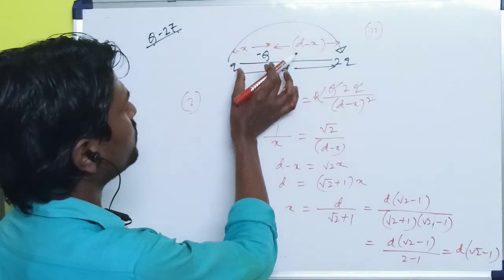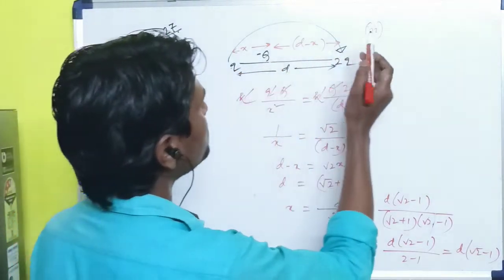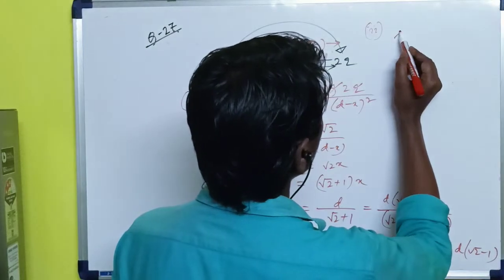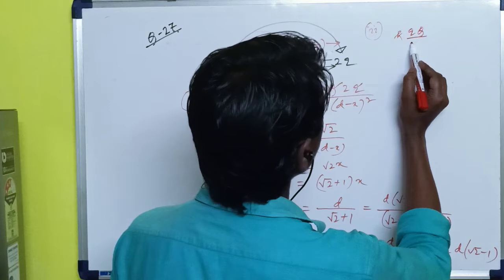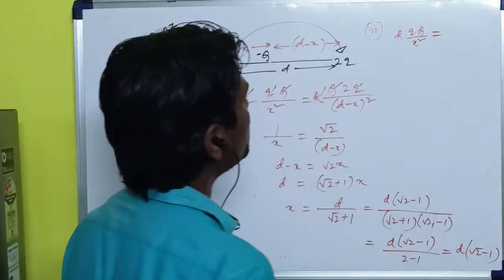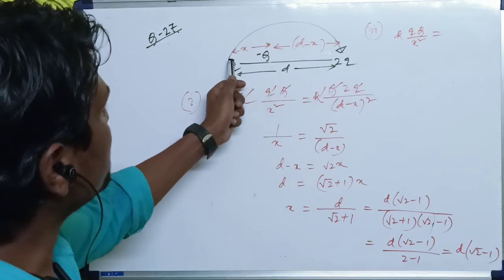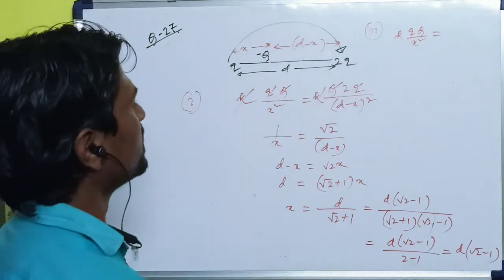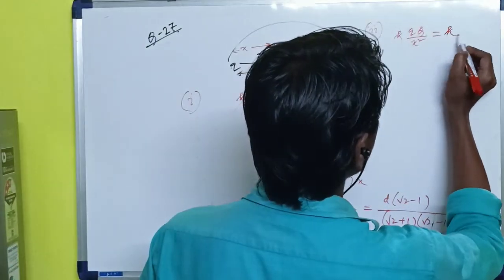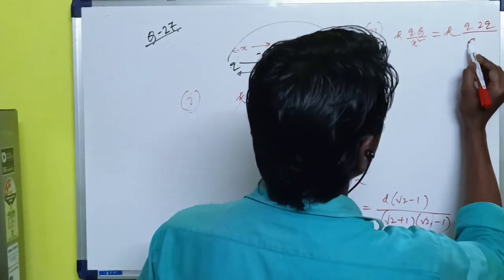for that particular case, if we equate the attraction force between q and q, so kappa into Qq by x square, and this is equal to the repulsion force between these ones, so k q into 2q by d square.